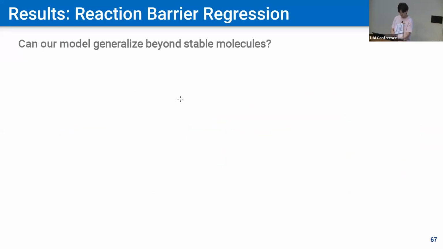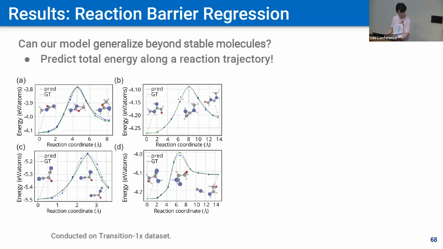So the next question was, can our model generalize beyond the stable structures? To assess the generalization capabilities of our model, we devised two critical tasks. The first is the total energy prediction along the reaction pathways, and the second one is the reaction barrier estimation.